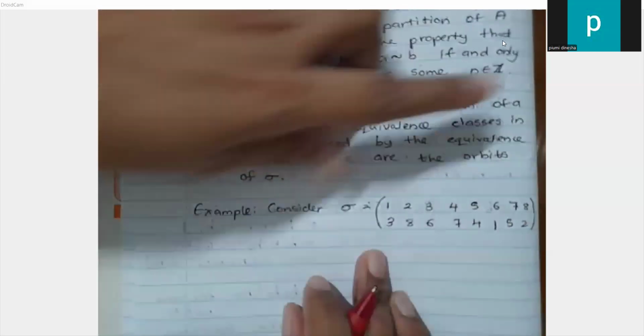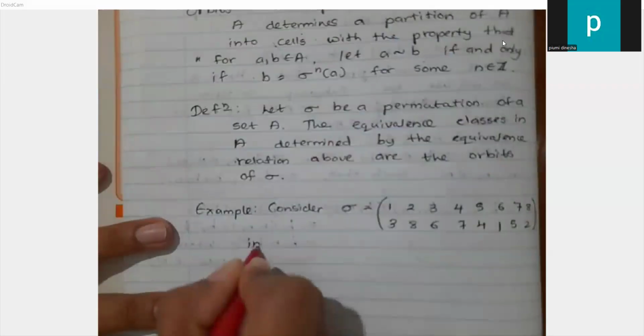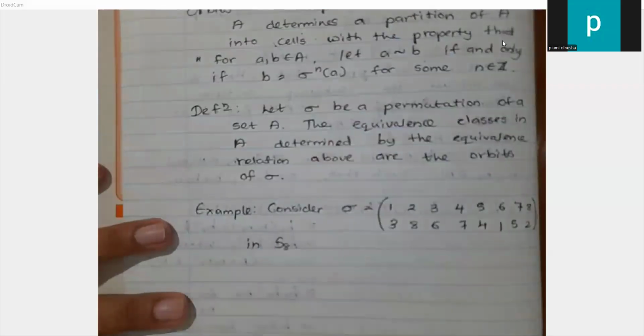Permutation group S8: 1, 2, 3, 4, 5, 6, 7, and 8. Let's send 1 to 3, 2 to 8, 3 to 6, and then 5 to. Now, I have not written this in the usual cycle decomposition of sigma in S8. So this is an element in the group S8, right?